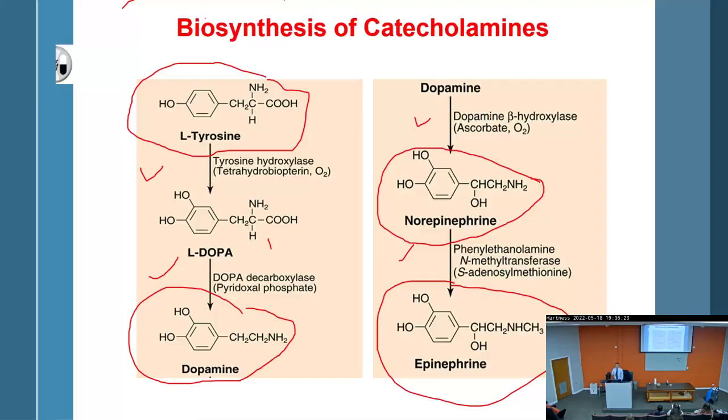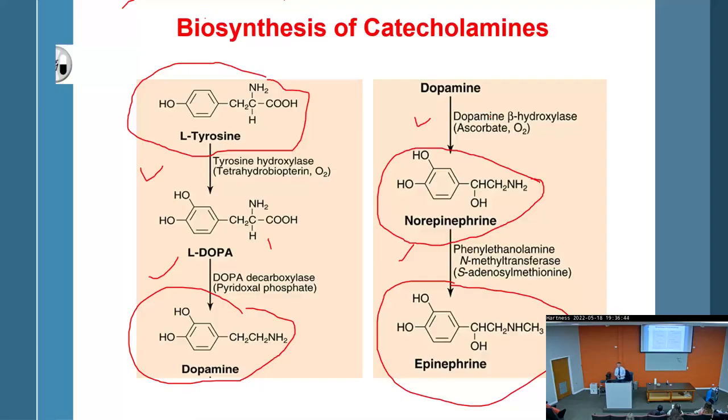Neurons that produce dopamine as a neurotransmitter are very important for some conditions. There are some diseases in which these neurons that produce dopamine get damaged, destroyed, or become dysfunctional.